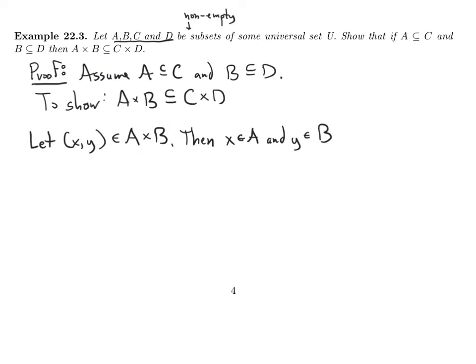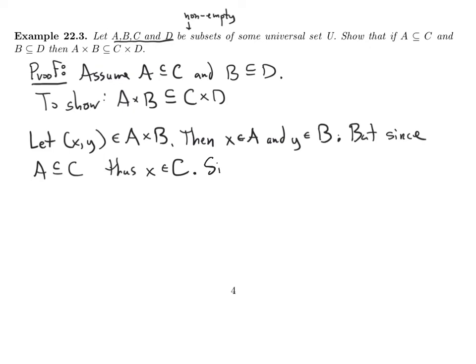Okay. But we know, since A is a subset of C, that all elements of A are also elements of C. Thus x is an element of C. We know x is an element of A, which is a subset of C, so x must be an element of C. That's what it means to be a subset.